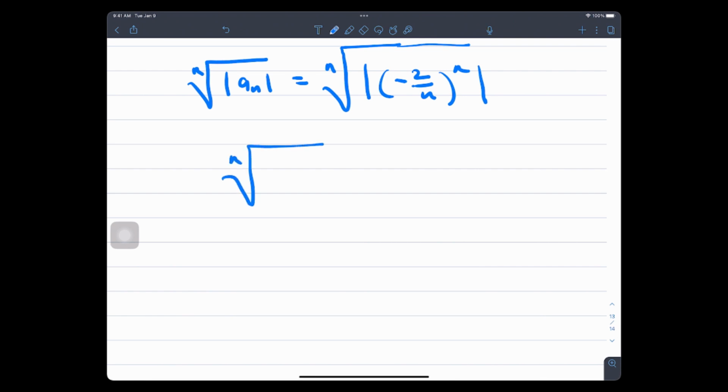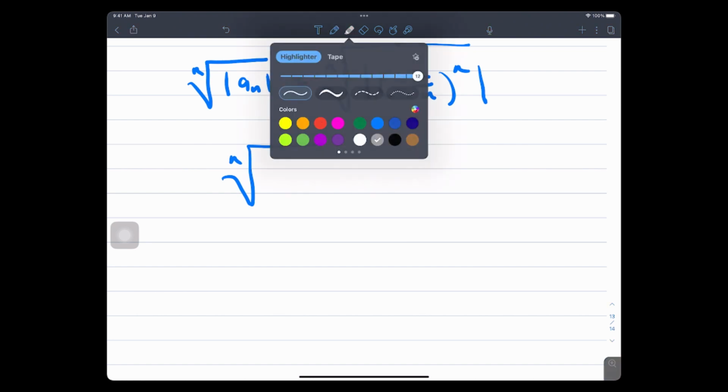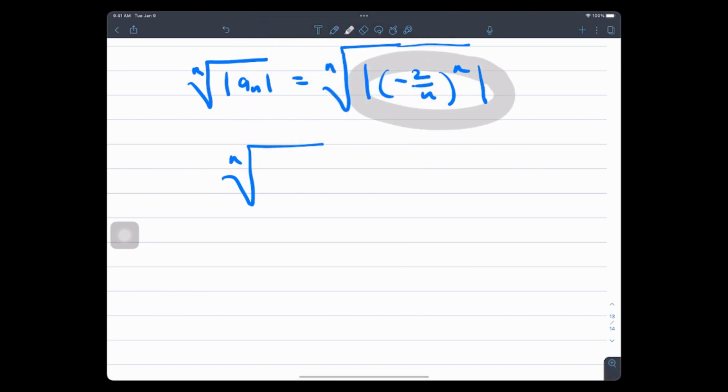Well, you got the nth root of, do you guys know what's happening with the algebra here? By product rule, we're really taking the absolute value of that negative 2 over n to the nth power here. So the absolute value goes inside that nth power here.